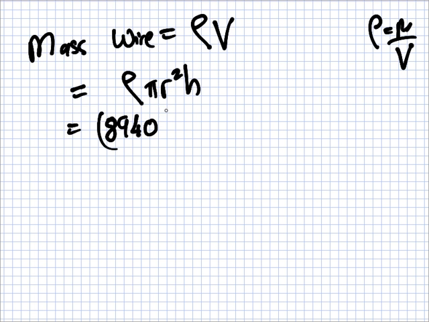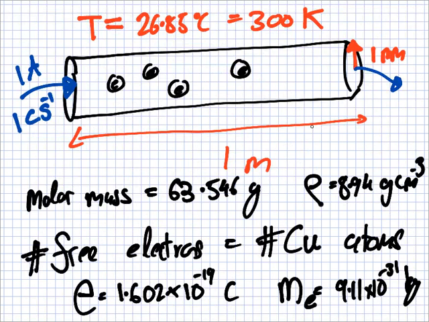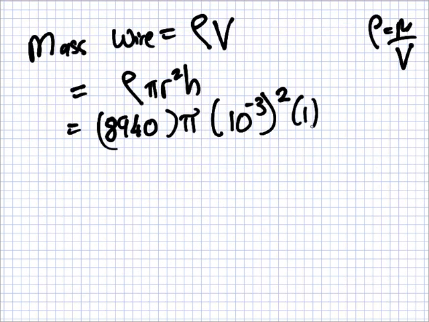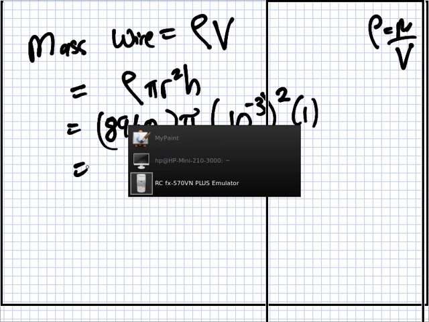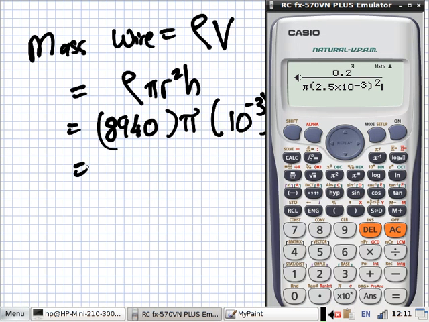Okay, pi. The radius is 1 millimeter, so that's 10 to the minus 3 squared. And what's the length or the height? It's 1 meter. If you go back to the picture, it's 1 meter. Okay. Let's calculate this. Should this be a big or a small number if you have a copper wire?